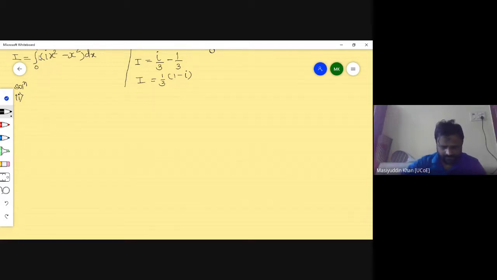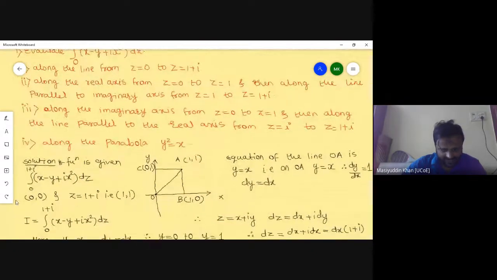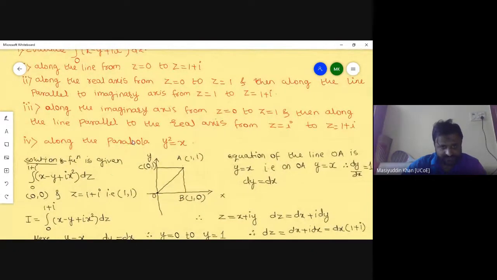Now what is the second condition? Along the real axis from z equal to 0 to z equal to 1, and then along the line parallel to imaginary axis from z equal to 1 to z equal to 1 plus i.